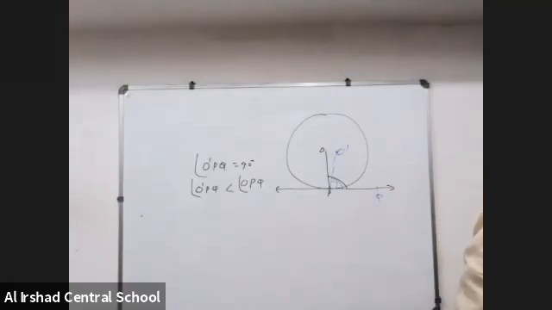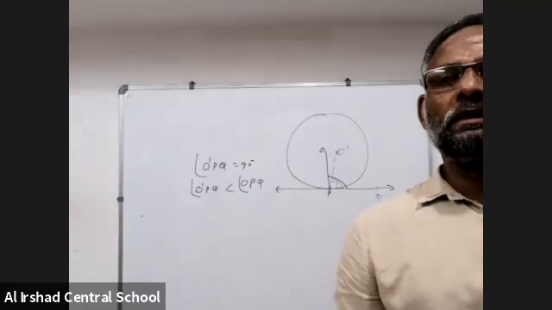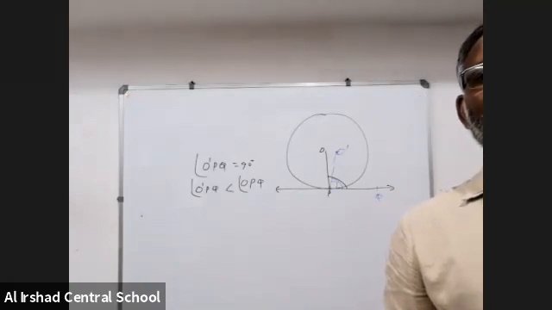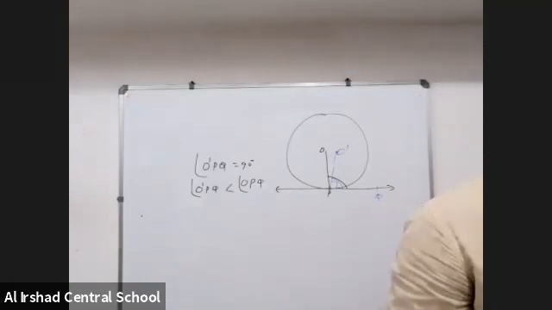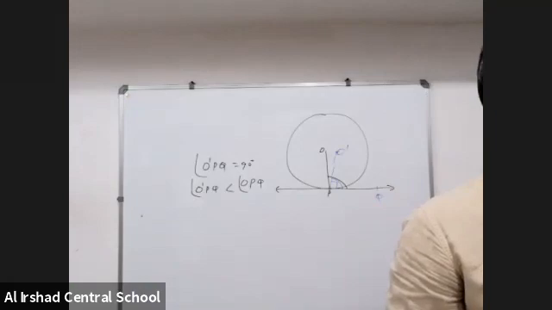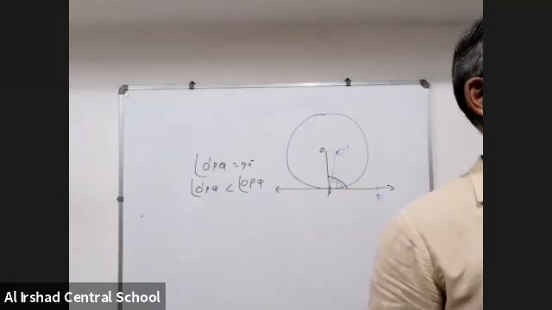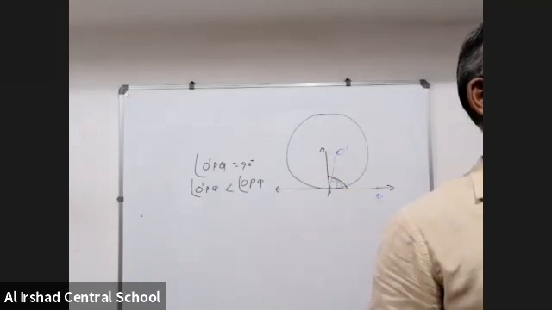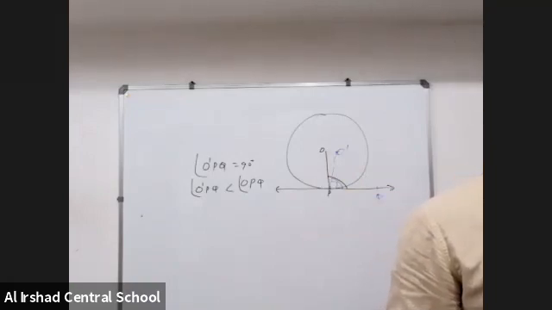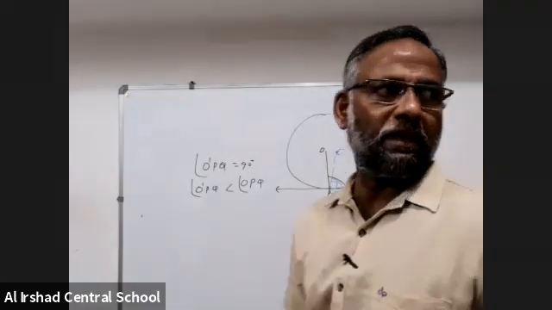We know that the radius is perpendicular to the tangent. Radius is perpendicular to the tangent. Therefore, angle OPQ is 90 degree. Now, comparing this, what are you getting? Very interesting.